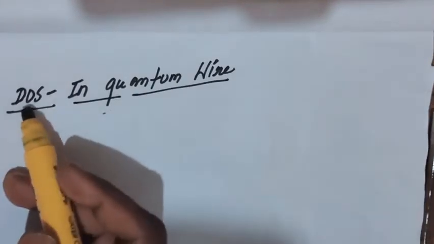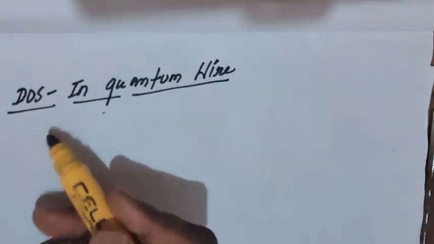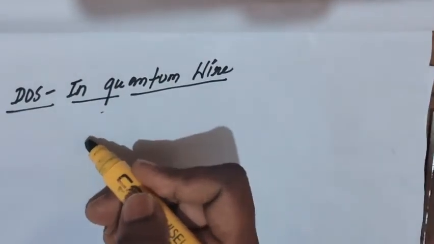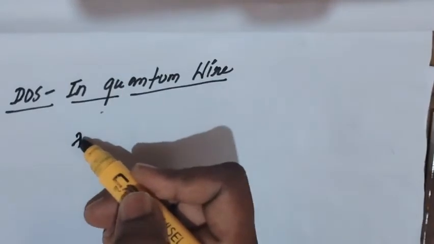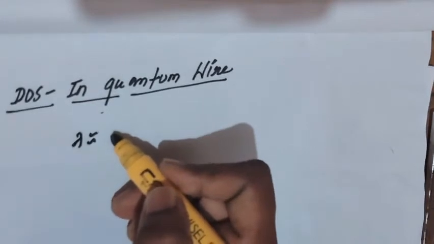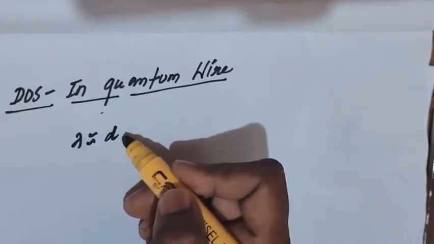So how can we calculate the density of states in a quantum wire? Already we know what we mean by the quantum wire. Suppose the electron de Broglie wavelength is approximately equal to the dimension of the material, then the electron is confined along particular directions.